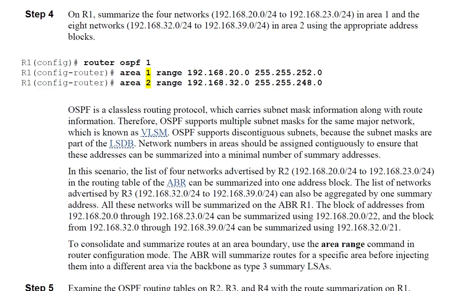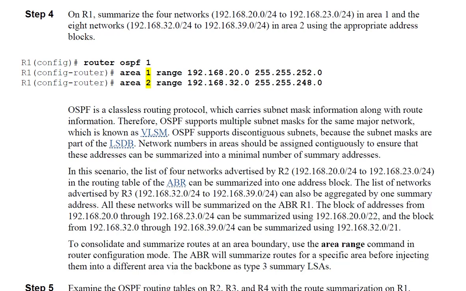Also notice what the seed metric is. The cost for those routes is 11. Now remember what I said about the cost when it comes to summaries. The cost of the summary is the lowest metric for the routes that are included as part of the summary.